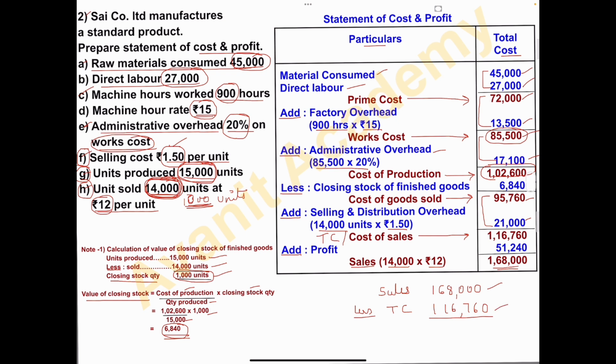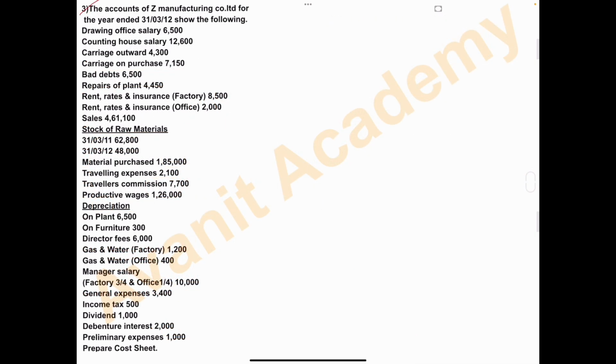So minus this from 1,68,000, minus 1,16,760 and you will get the difference amount 51,240. This is called profit. Okay, the profit is 51,240. Balancing figure. Like this, you have to prepare the cost sheet and you have to find out the profit amount. Thank you, friends.